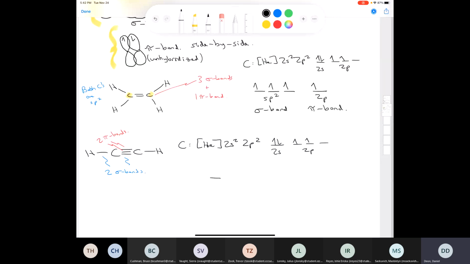So I'm going to put 2 of them together, and I make an sp orbital. Then I'm going to have 2 2p's left over. 1, 2 electrons in my sp, my hybrid orbitals, which represent my sigma bonds. And then I'm going to have 2 electrons left over in 2p orbitals, which are unhybridized, which represent my pi bonds, like that. Okay, there we go.